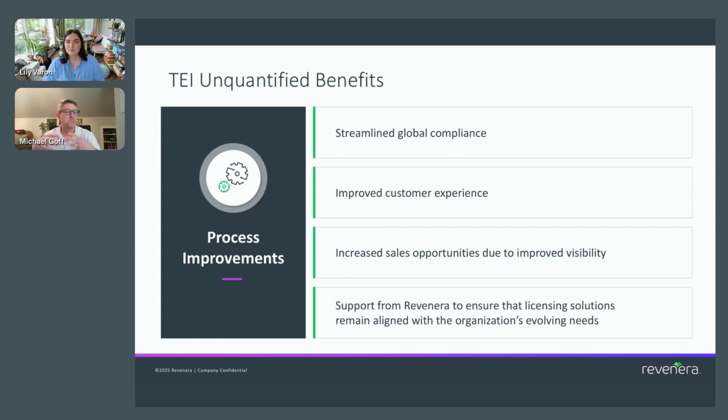And then, of course, when we talk about the quote-to-cash process, there are unquantified benefits: streamlined global compliance, improved customer experience, and just that integration across the quote-to-cash system that really allows you to enforce those entitlements, get data back, and feed it into all the different quote-to-cash systems.